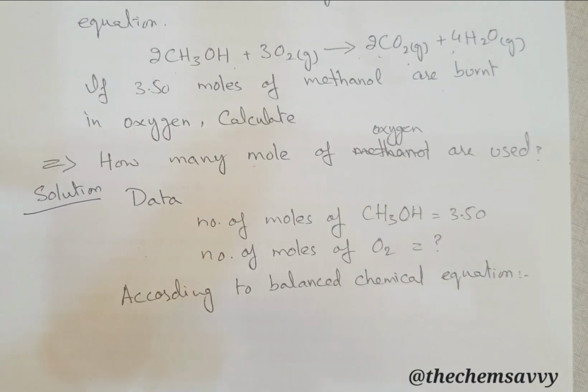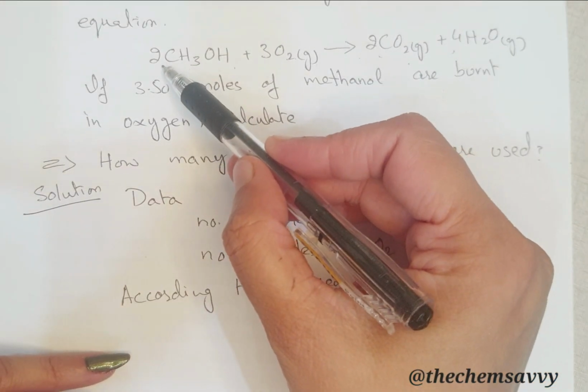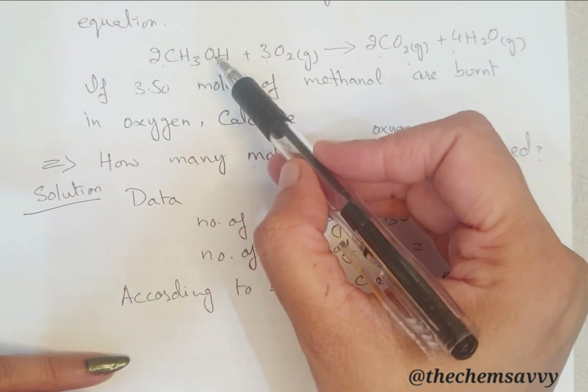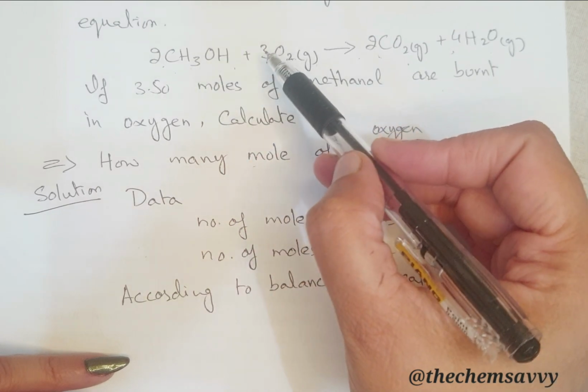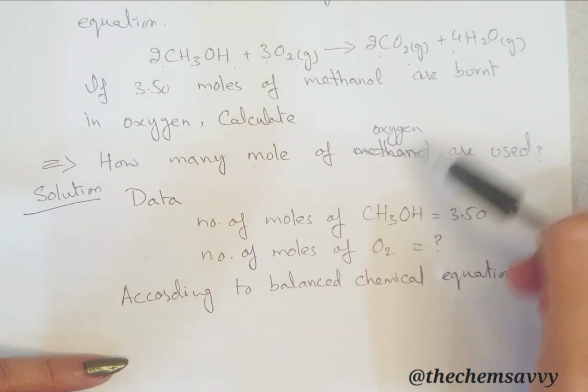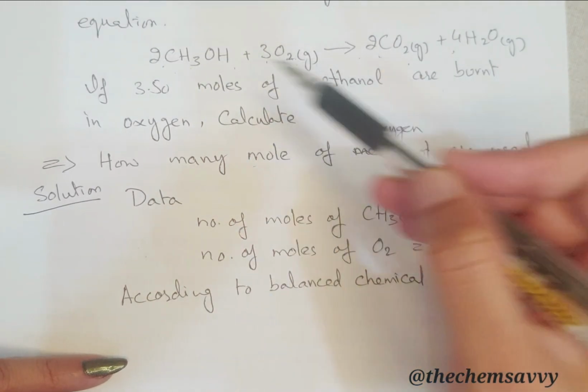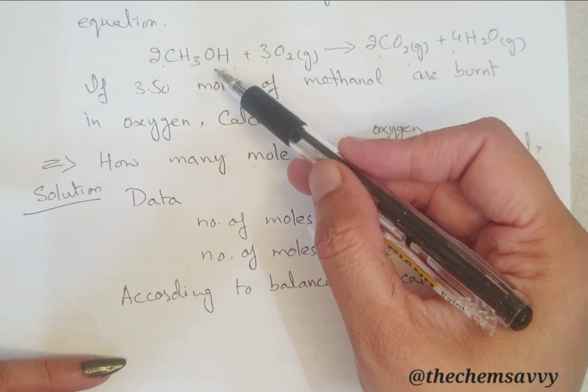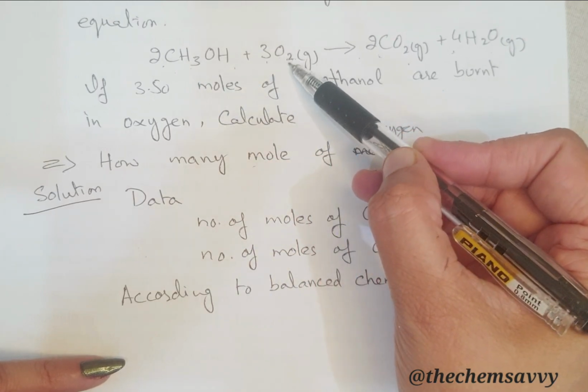That is the molar ratio between methanol and oxygen. We require the molar ratio between methanol and oxygen only, according to the requirement of this question. So to burn 2 moles of methanol, we require 3 moles of oxygen.